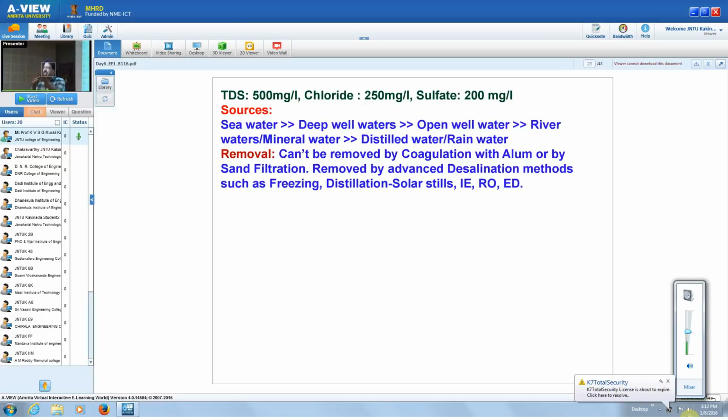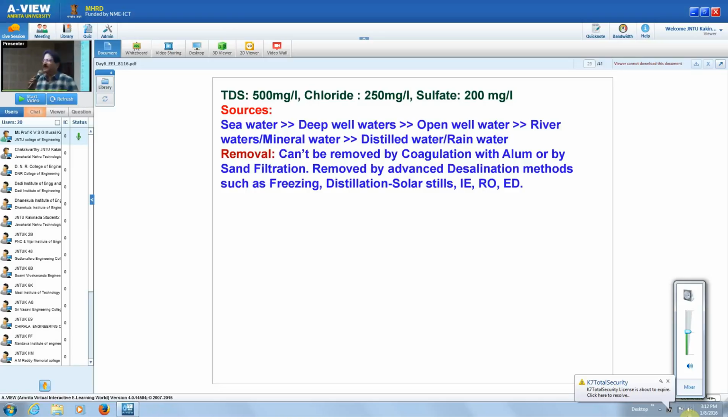Another technique is distillation, that is boil it or evaporate it, just like the solar still you have seen. The moment I say solar still, you must immediately say how many liters: 3 liters per square meter per day. IE means ion exchange, RO reverse osmosis.